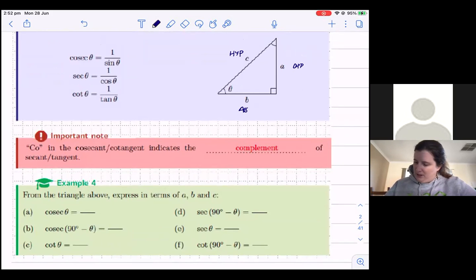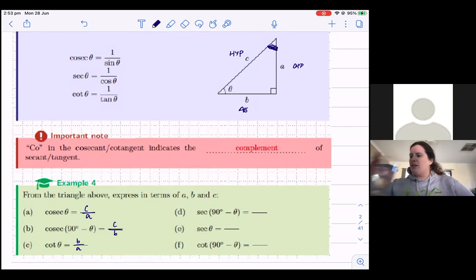So instead of A over C, it's going to be C over A. Cosec of 90 minus theta, so now I'm looking at this one. Well, sine of 90 minus theta would be B over C, so it's going to be C over B. Cot of theta is the reciprocal of tan, so instead of A over B, we're going to be B over A. And I keep saying opposite, I should say reciprocal, the upside down, because this is Stranger Things.